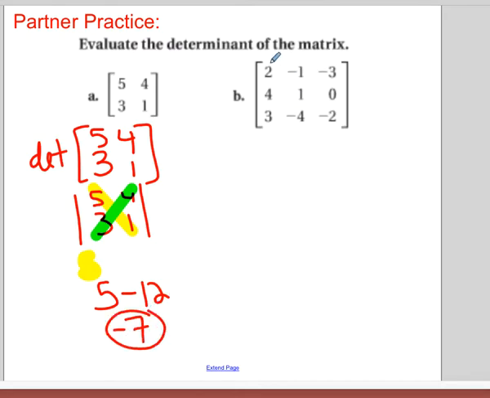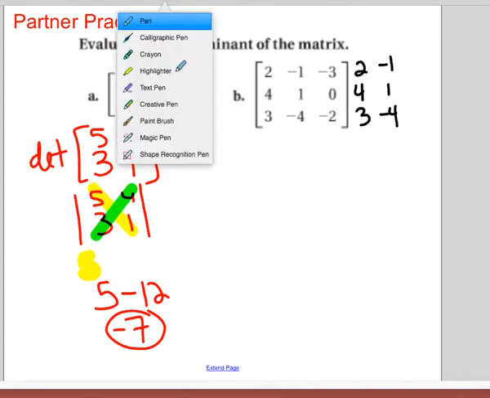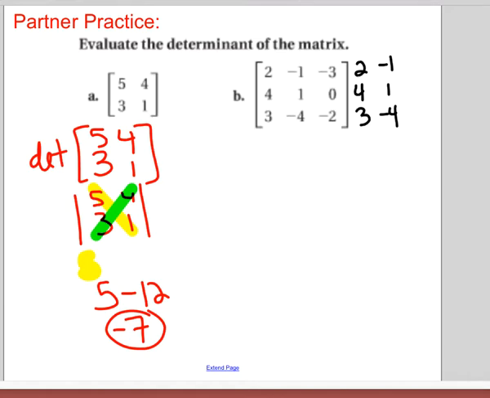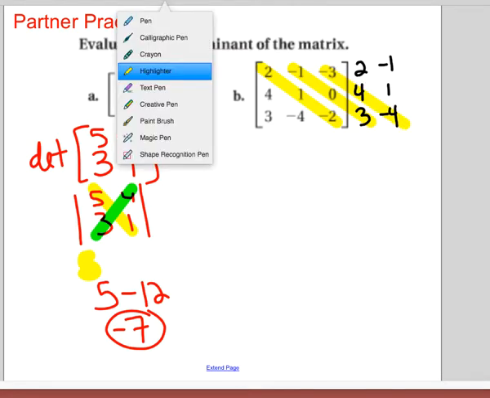This one's a little trickier over here. So what I'm going to do is write out the first two columns, which go 2, 4, 3, and -1, 1, -4. And all that's going to help me do is now I can draw my diagonals. So I'm going to do these plus these plus these, and I can do that first.